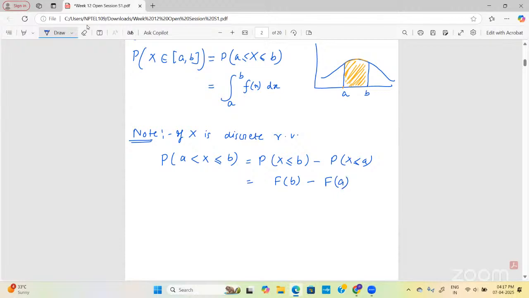Is it clear to you? This is for a discrete random variable.